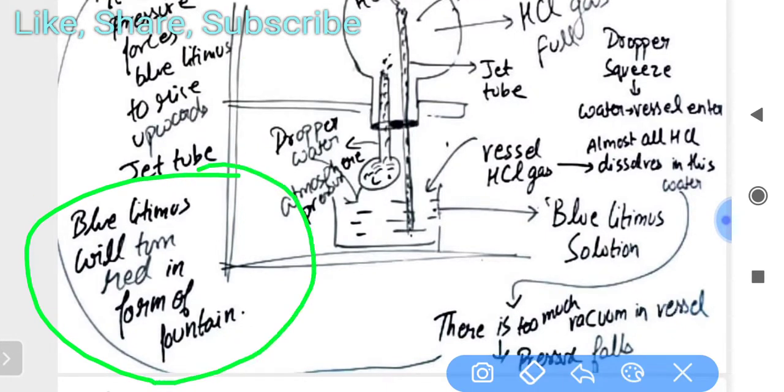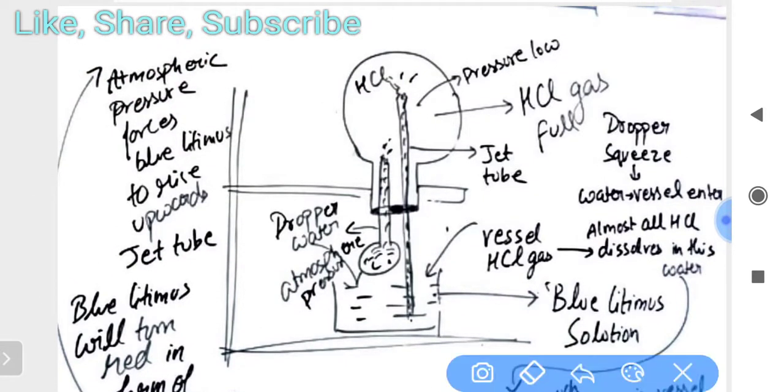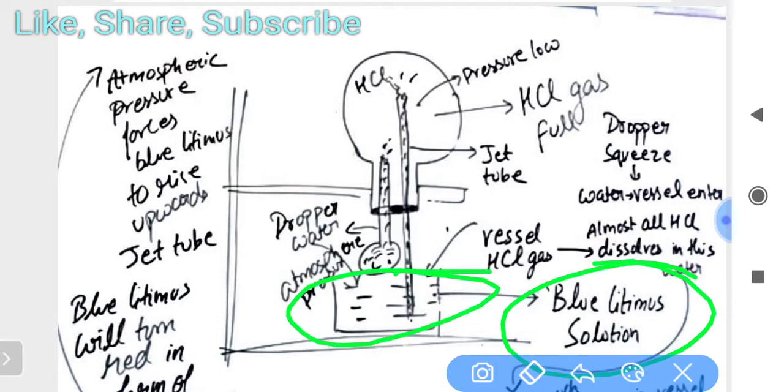second evidence for the solubility of that gas in water is that the blue litmus will turn red in the form of a fountain. Here you can understand this easily: this is the blue litmus solution. Then the gas is coming outside in this jet tube.